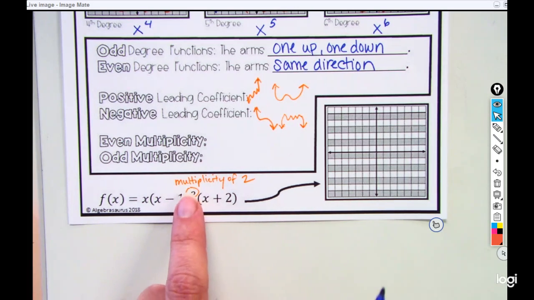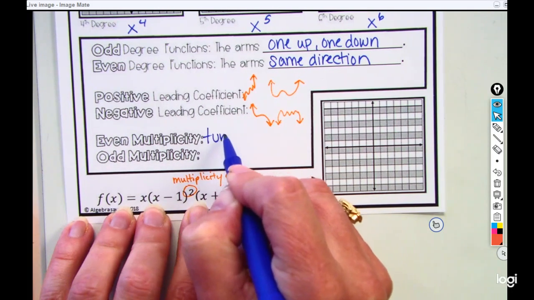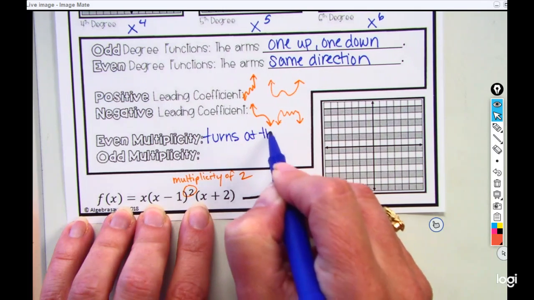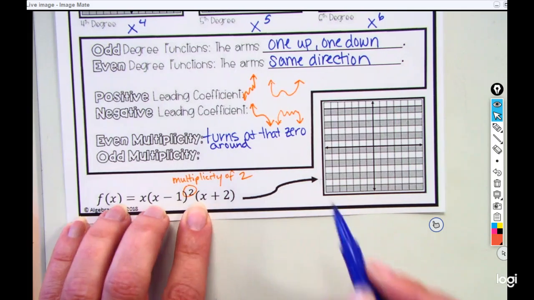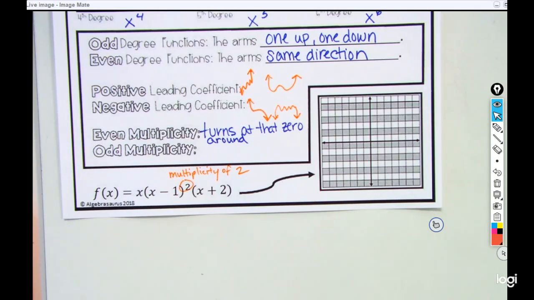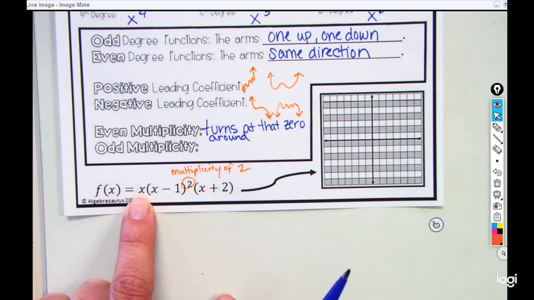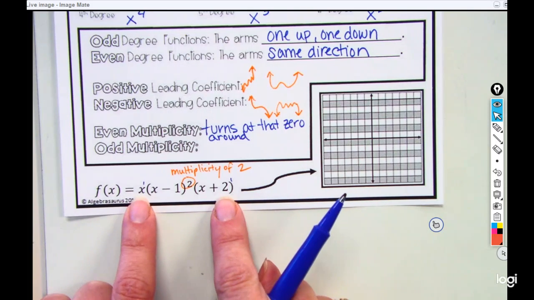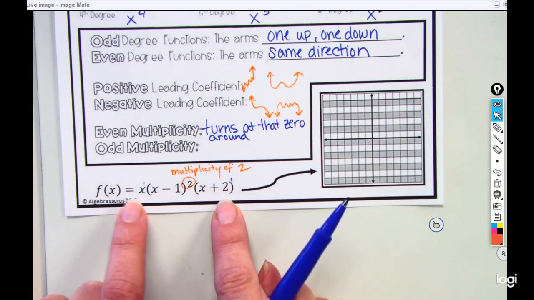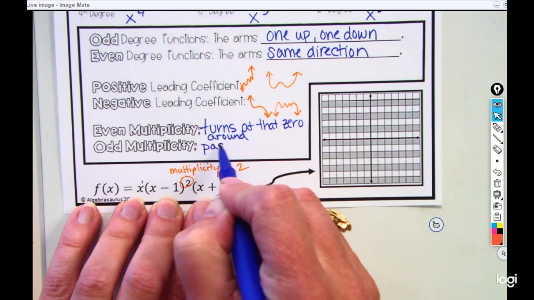If we have an even multiplicity, it turns around at that 0. Odd multiplicity, this guy has an exponent of 1, right? And this guy has an exponent of 1, so they have an odd multiplicity. Sometimes we don't think to see it because it's not written there. So odd multiplicity passes through the 0.